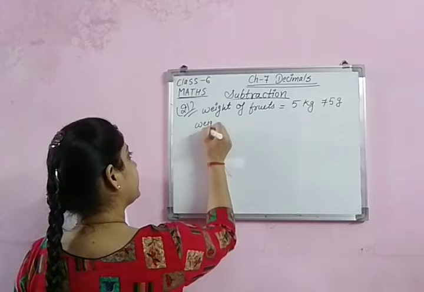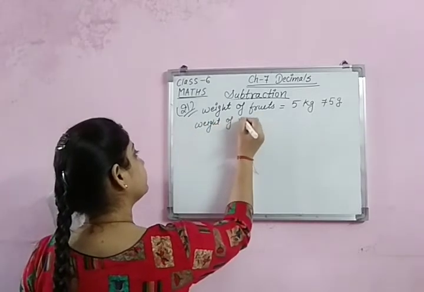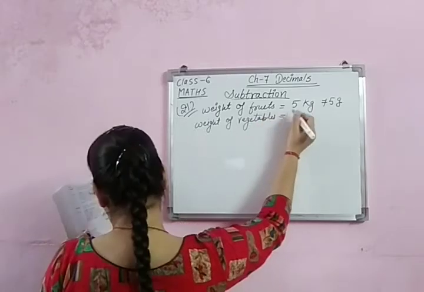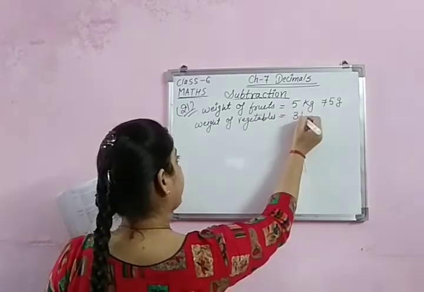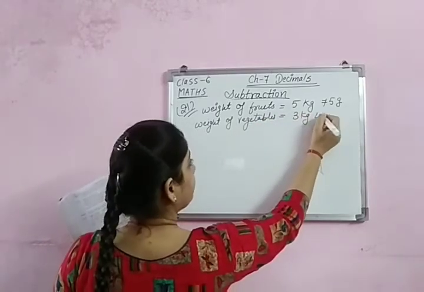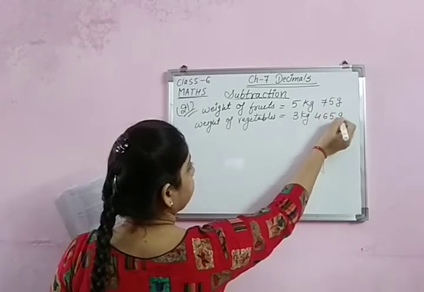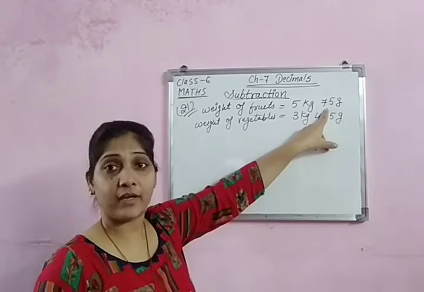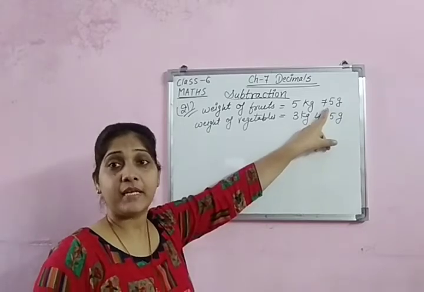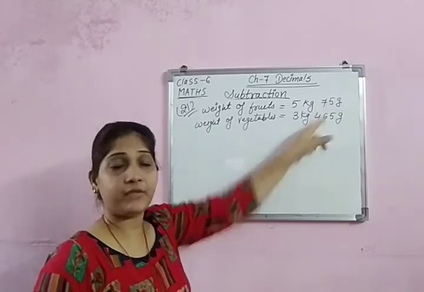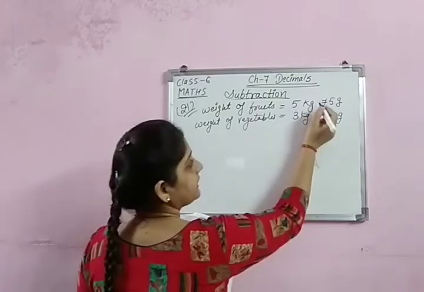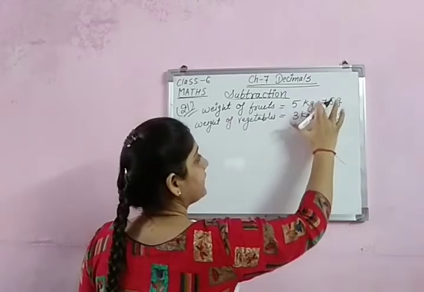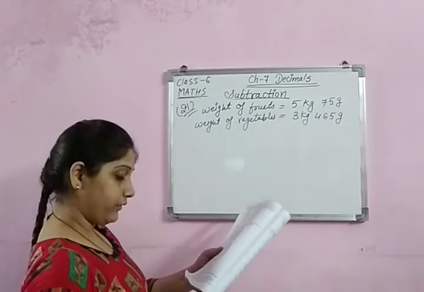And weight of vegetables, this is 3 kilogram and 465 gram. So when we are adding, children, please don't write it as 750. Otherwise it will become 750. It is 75. So to make it 3 digit, can we place 0 here? 5.075. Okay. At the bottom I will share with you how it will be.